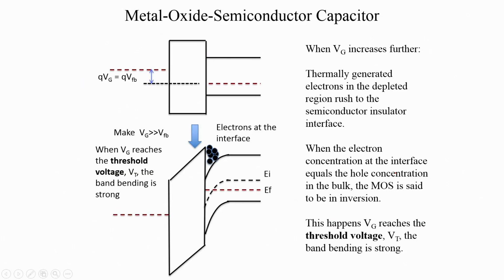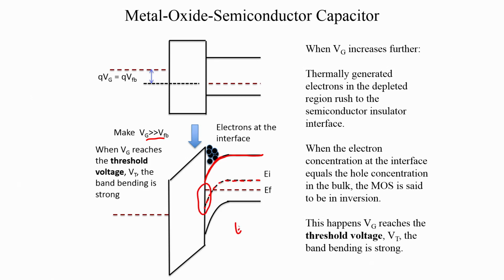But then, as I mentioned, if you make Vg much greater than VFP, when I say much, it simply means that we have managed to make the band bending so large or so severe that the intrinsic Fermi level would have gone past the Fermi level of the semiconductor.